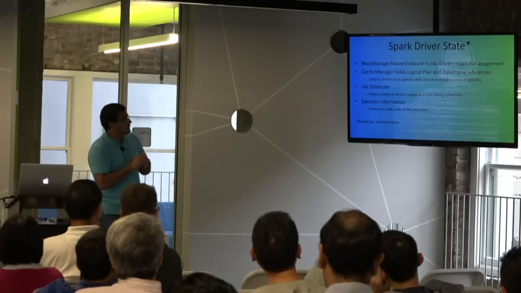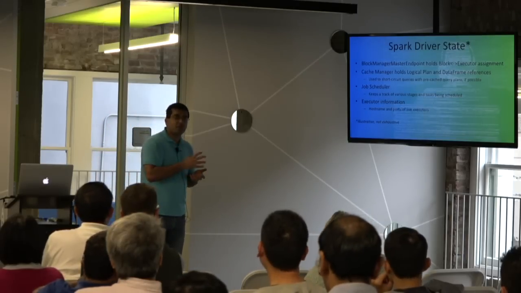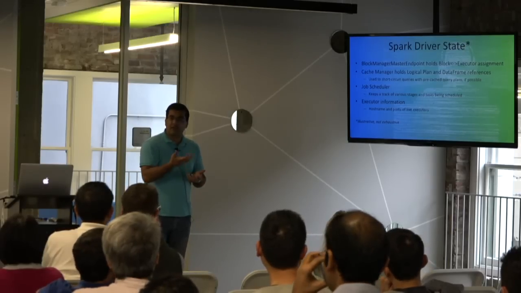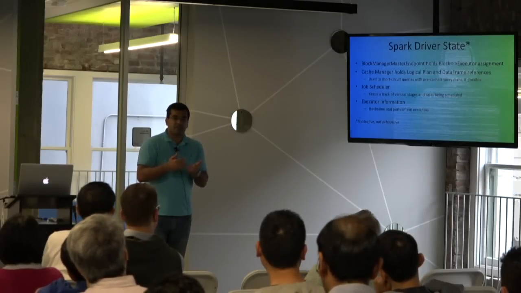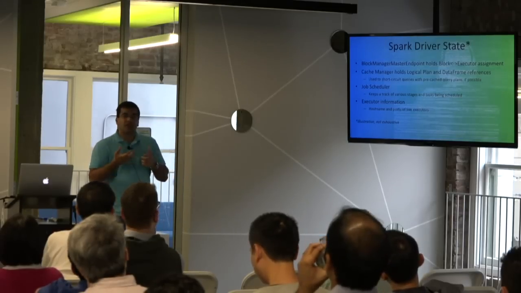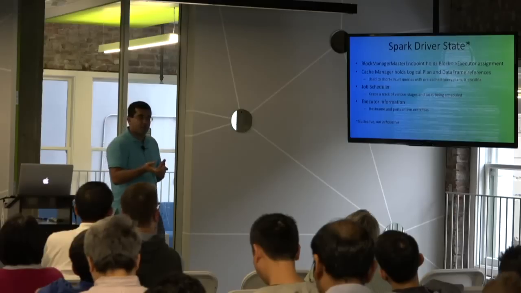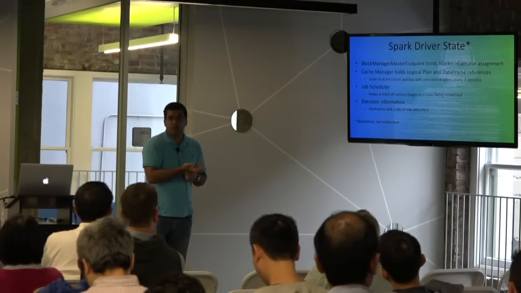Apart from this, Spark also has a job scheduler that keeps track of various stages and tasks that have been scheduled on the cluster. And there are some queuing semantics available around it. This is another component which would be very important in keeping track of what kind of queries are currently running and how much of them are over.